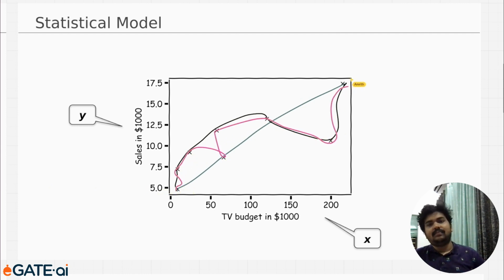So the question is that if I tell you that there are three lines that I have drawn, and amongst the three, please help me find the best one. I mean, what should be my best one. And why is this important?